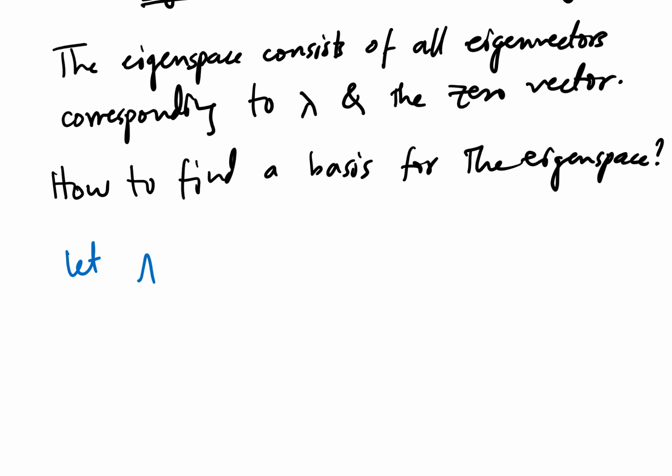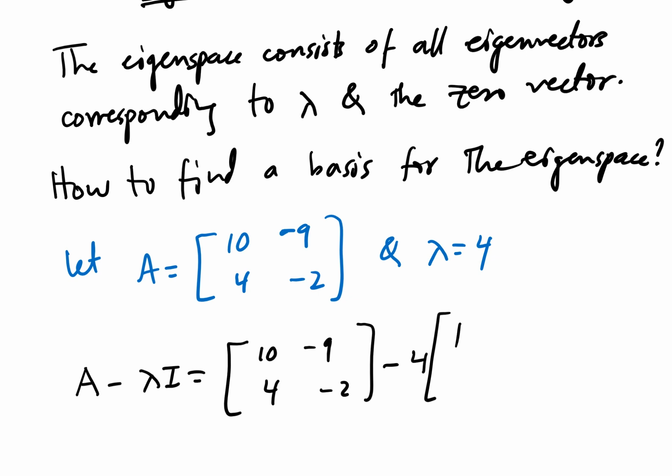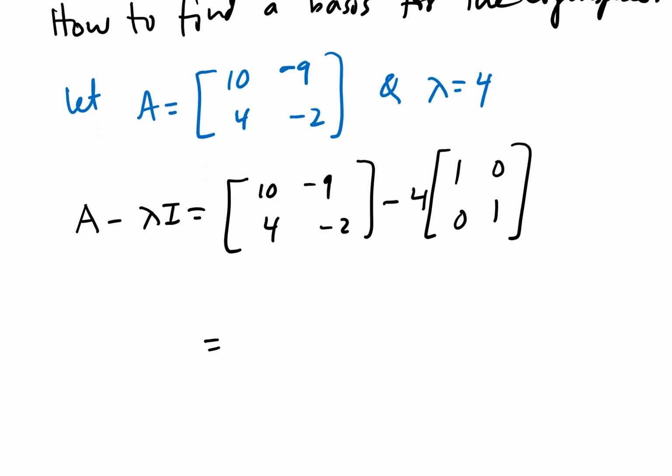Let's do this by providing you with an example. I have this example, a matrix 10, 4, negative 9, negative 2, and lambda is 4. So what do we do? We find the matrix A minus lambda I. A is 10, 4, negative 9, negative 2, minus lambda, which is 4 times I. You know, it's 1, 0, 0, 1, that's the identity matrix.